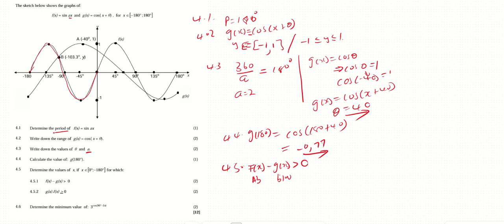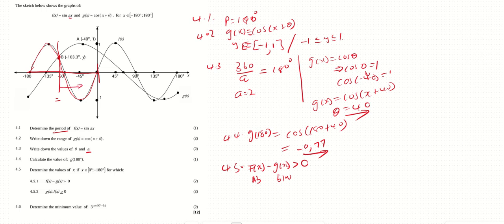So let's check within which interval that is, where f is above g. Let's start now. Here is where they are equal. At this part, they are equal, so none of the graph is above the other. Here they are equal. So we are not looking for where they are equal, we're looking for where one is above the other.